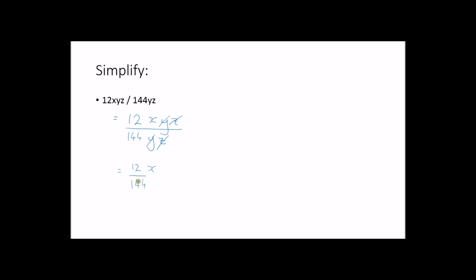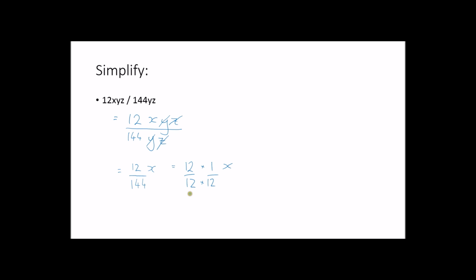Now, what a lot of people did is they, for some reason, just flipped this over so that it became 144 divided by 12. And that gives you the wrong answer because that's not what we're doing. We've got to think about what the equivalent fraction is here. Now, if you think about common factors, what number goes into both of these? Now, if your times tables are good, you should know that this is the same as 12 times 1 over 12 times 12. So 12 is the common factor that goes into 12 and into 144.